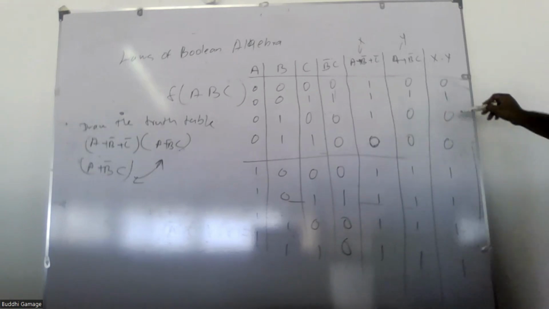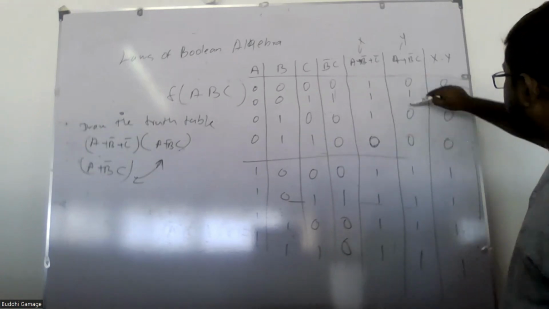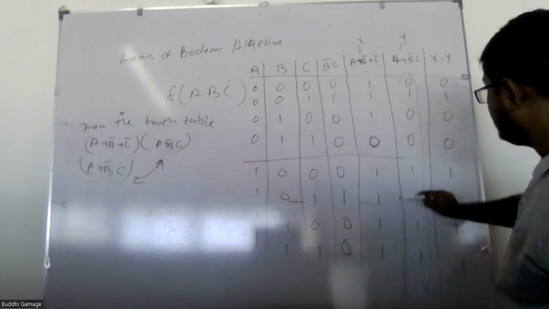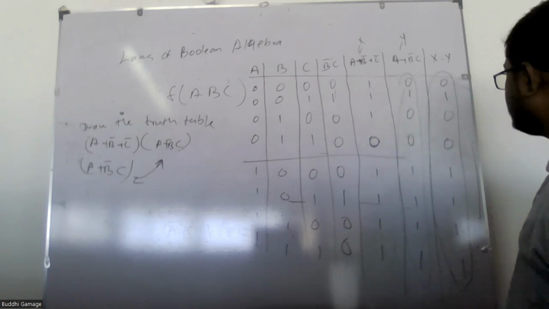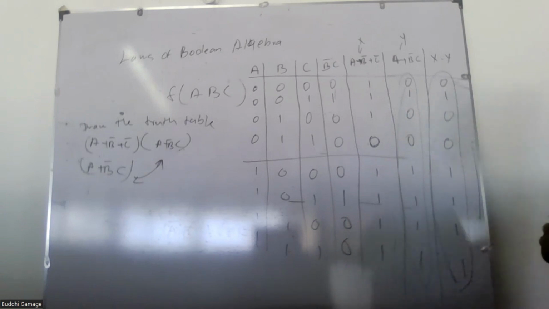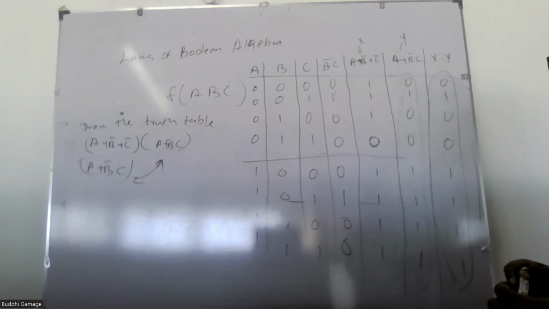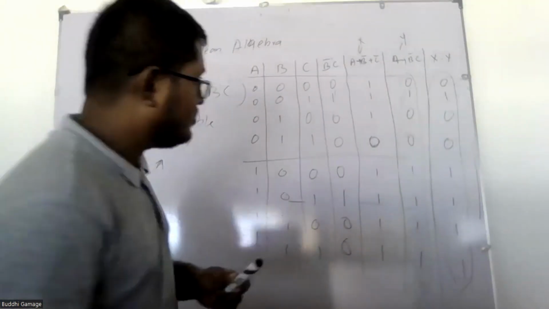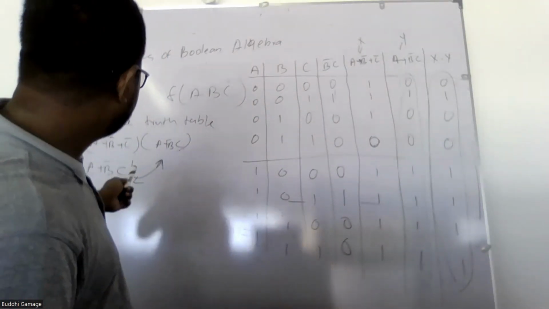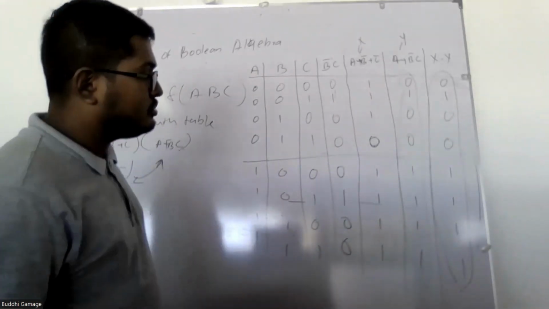So you can identify that both of these, this one and this one, are equivalent, right? So we can take our answer as correct by using the truth table as well.